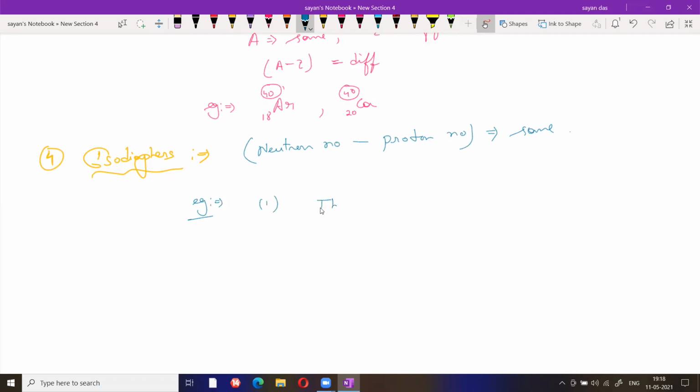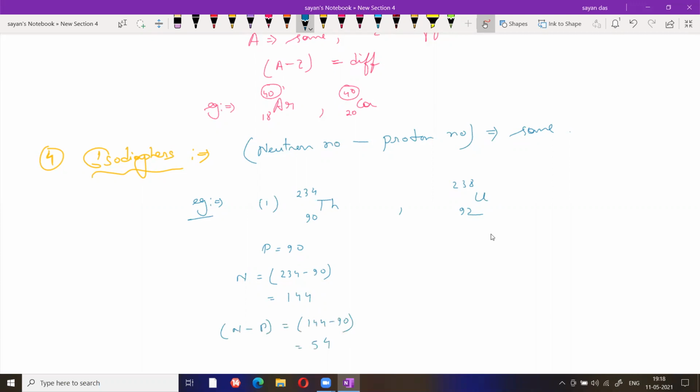Example: thorium 90 with 234 and uranium 238 92. In the first case, proton number is 90. Neutron number is 234 minus 90, which becomes 144. Now, neutron number minus proton number is 144 minus 90, that is 54. Now go for the second one.